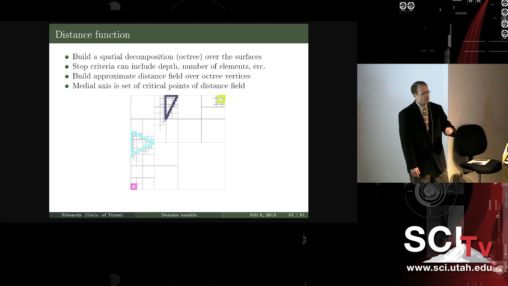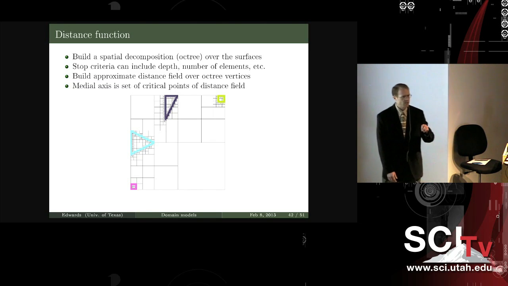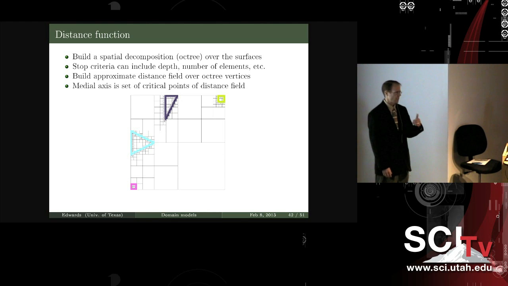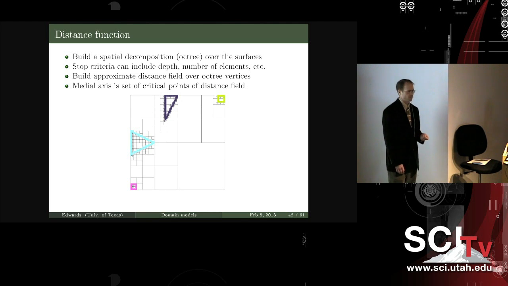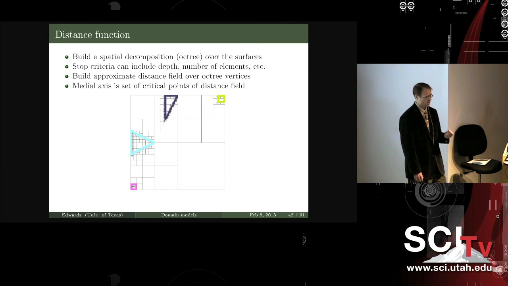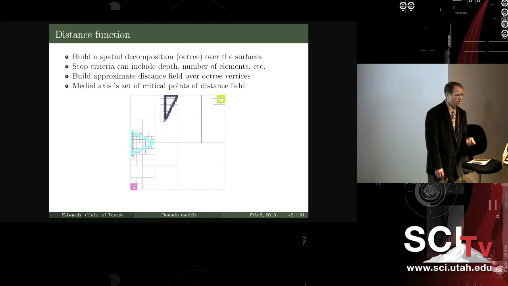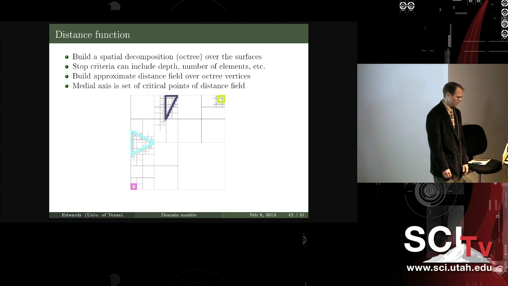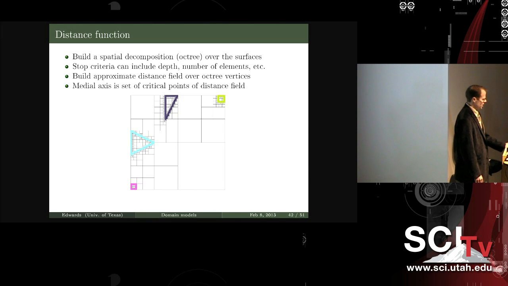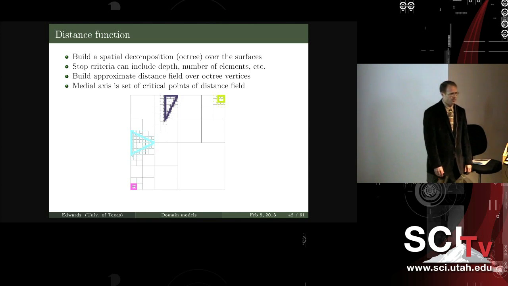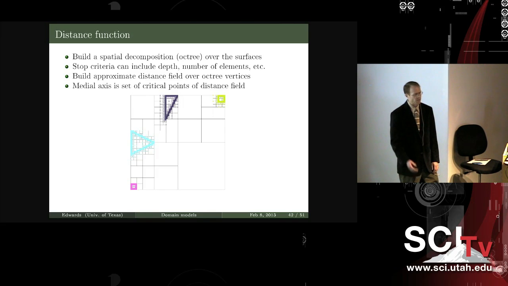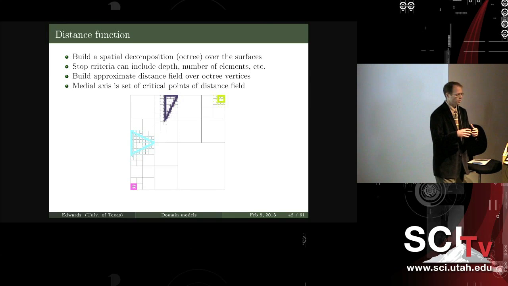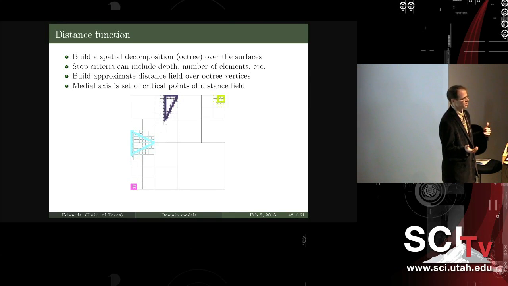Then for every vertex on the octree that is part of a cell that contains the surface, we compute the exact distance to the surface. That's order n in the number of simplices in the mesh to compute all of those. Then we use an algorithm inspired by Dijkstra's shortest cost path algorithm, where we expand a wavefront and compute the distances on each of the vertices of the octree.